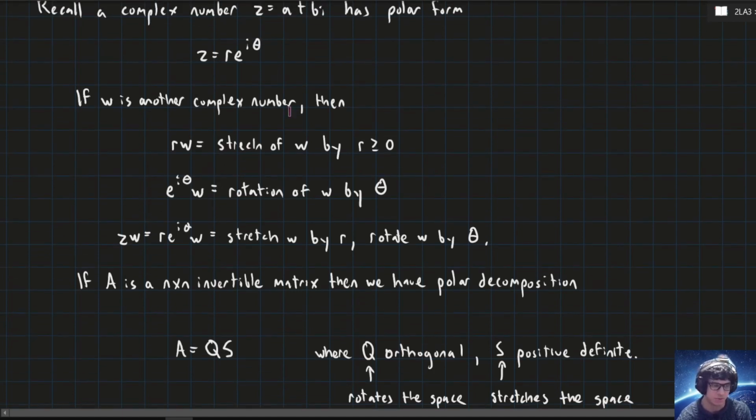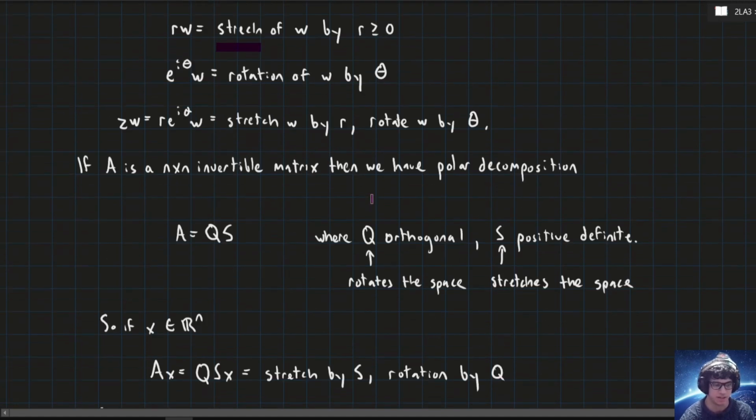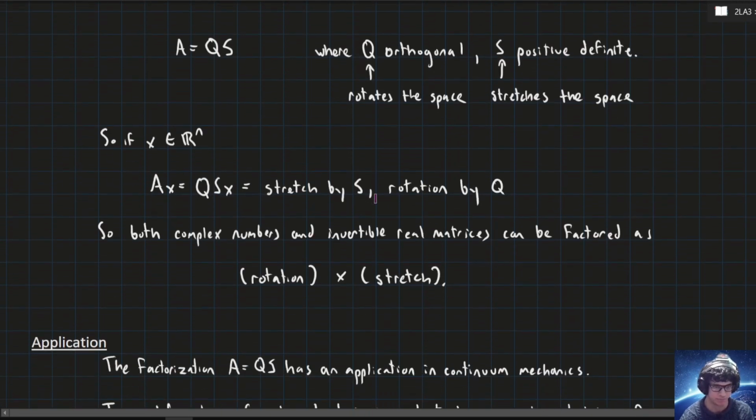So that's the analogy between real invertible matrices and complex numbers. We can break it into its stretching part and its rotation part.